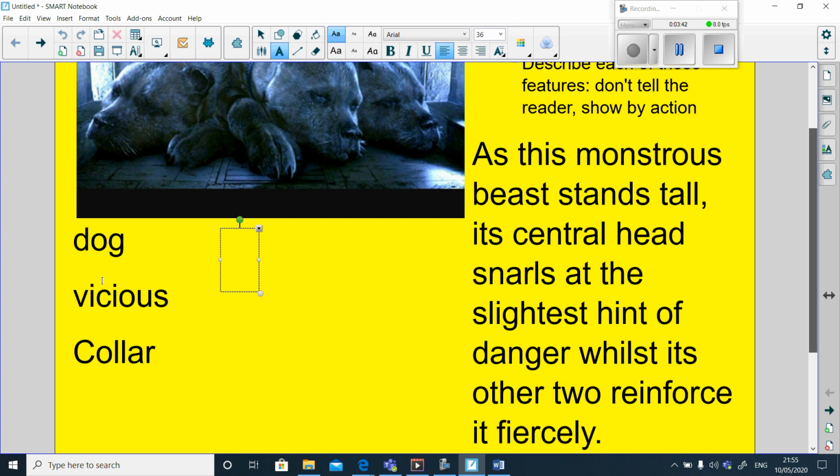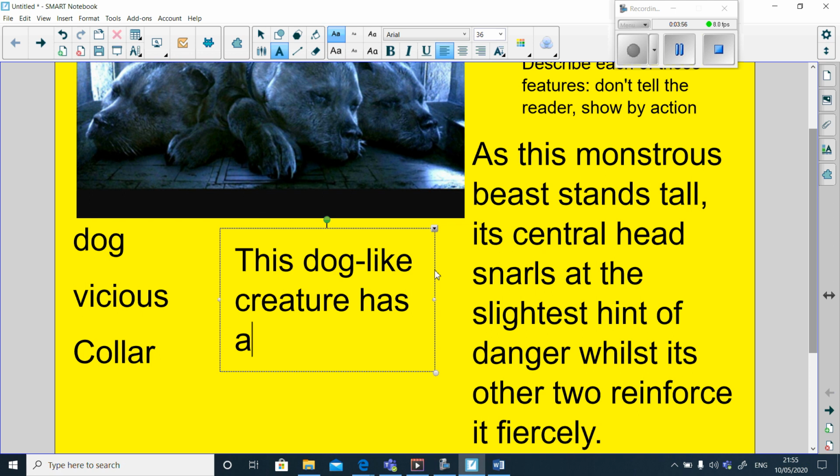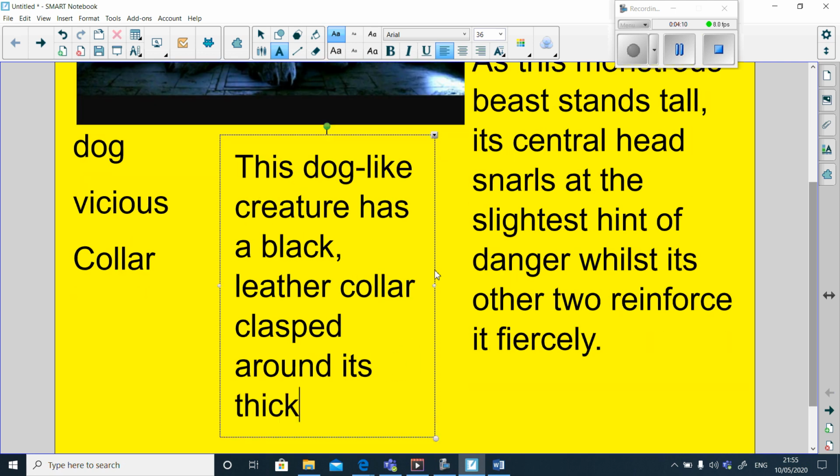So, this dog-like creature has a black leather collar clasped around its neck, or let's put thick neck.